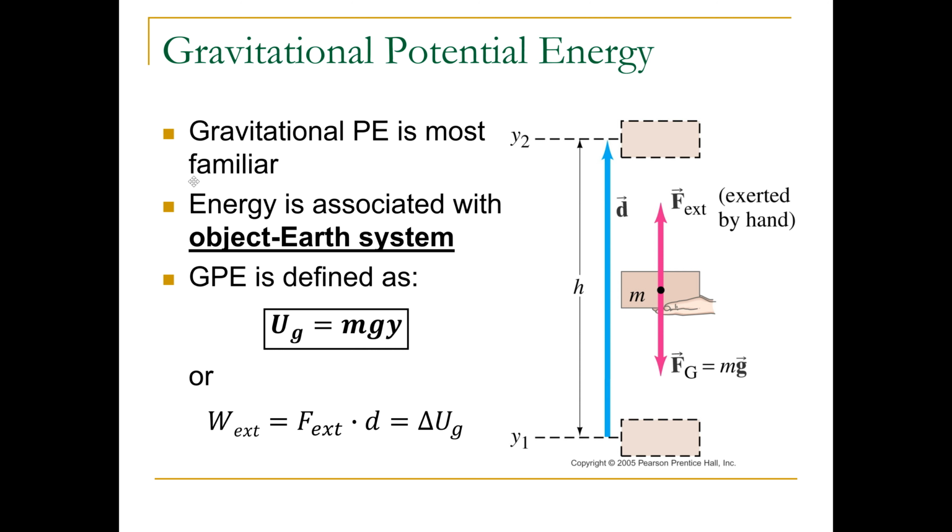Any change in gravitational potential energy is going to be the result of some external work, or it could be the object's kinetic energy being converted into gravitational potential energy. So, for example, a ball rolling up a hill would lose kinetic energy and gain gravitational potential energy in that process.